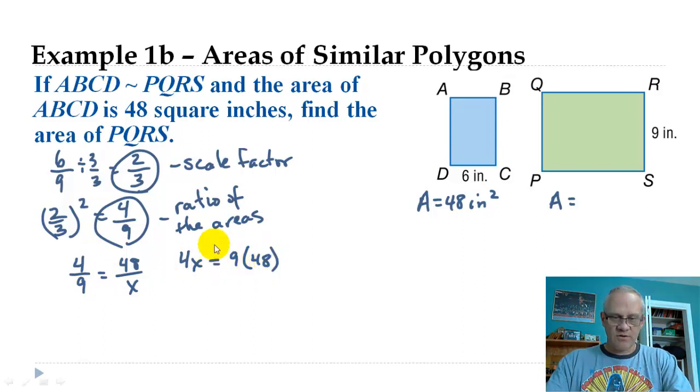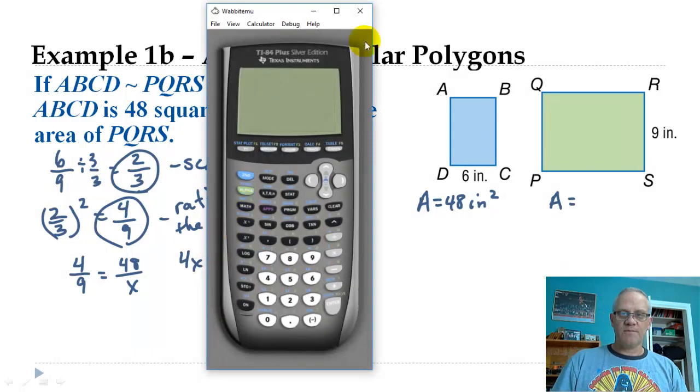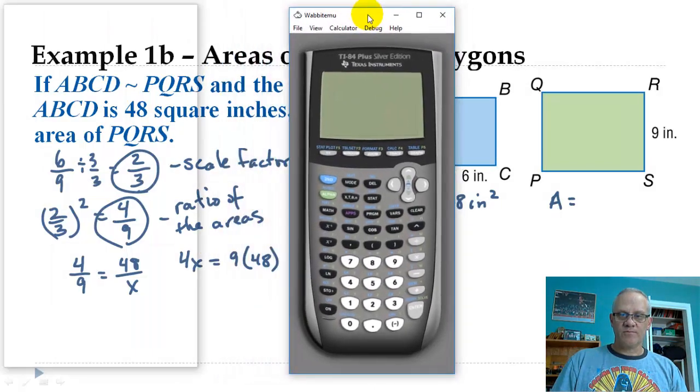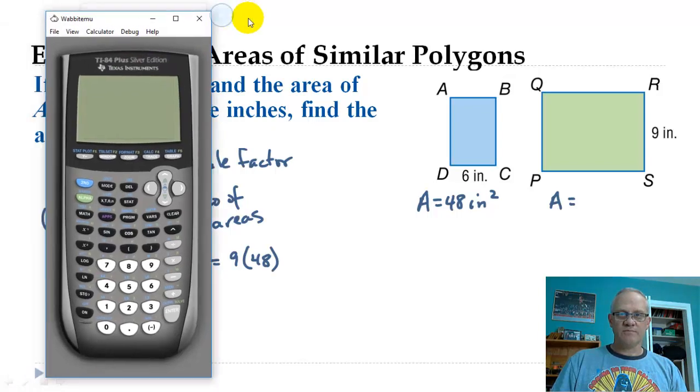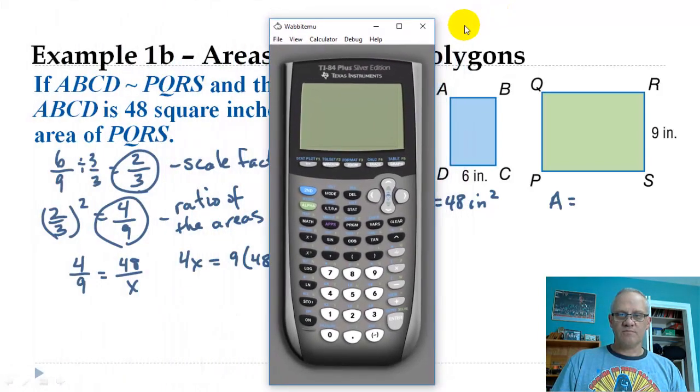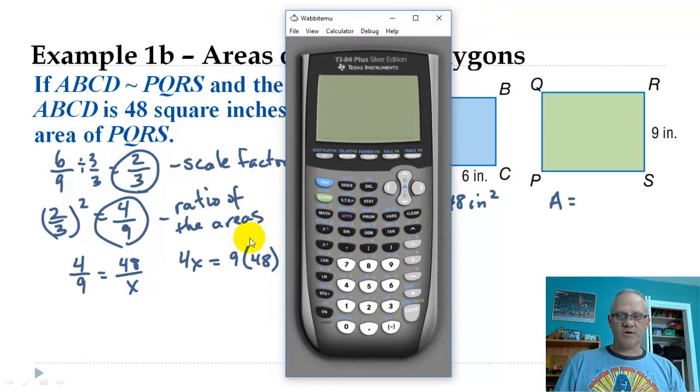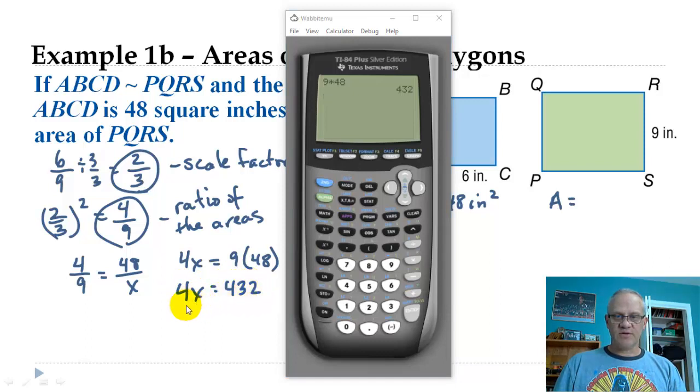Let's get up the calculator here. 9 times 48, that's going to be 432, so this is going to be 4x equals 432, and then divide by 4.